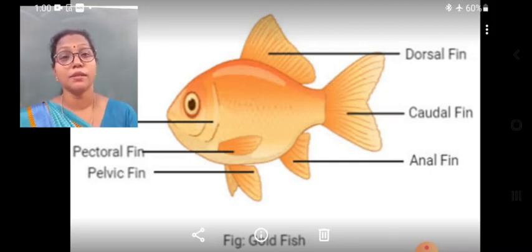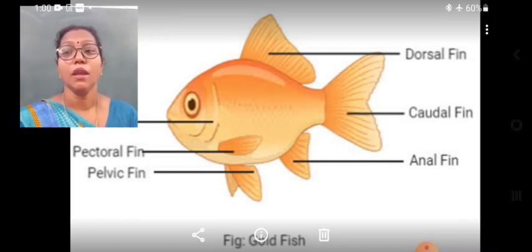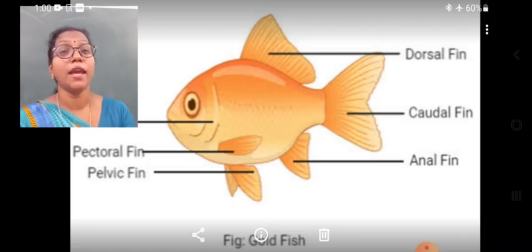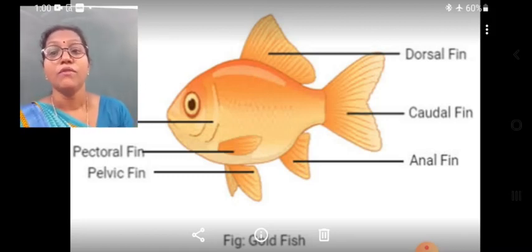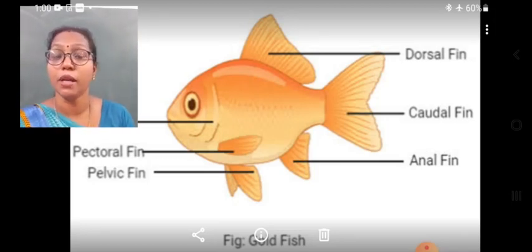Now students, we want to understand how a fish moves in water. Fish move by wave-like movements which travel from the head to the tail. This movement is made possible by strong muscles attached to the vertebral column.